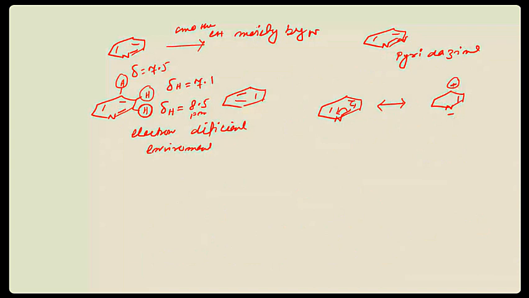That's why this proton is quite electron deficient and its delta is quite positive. And here, when you are delocalizing, this carbon is always to some extent electron rich. That's why delta H for this hydrogen is 7.1, the lowest. That is also one fantastic thing we can discuss.